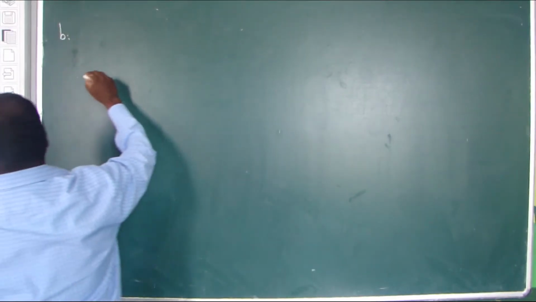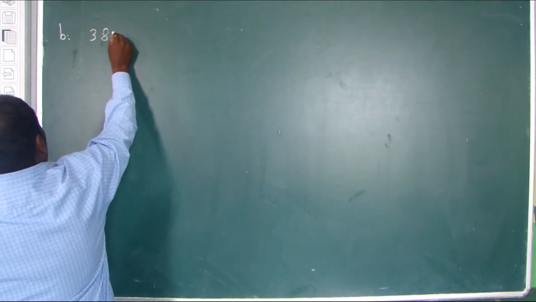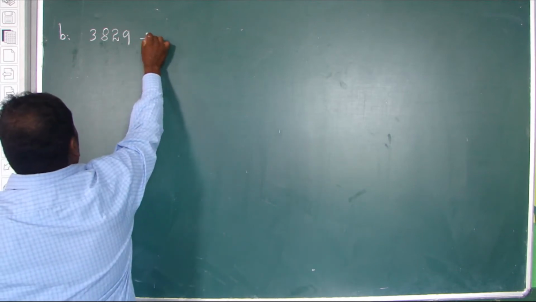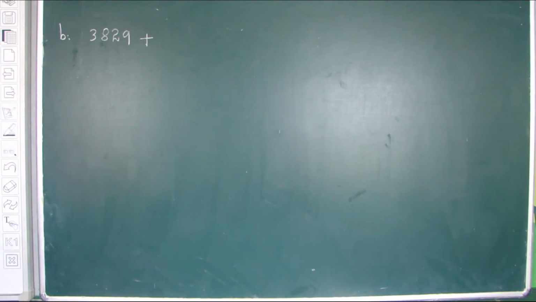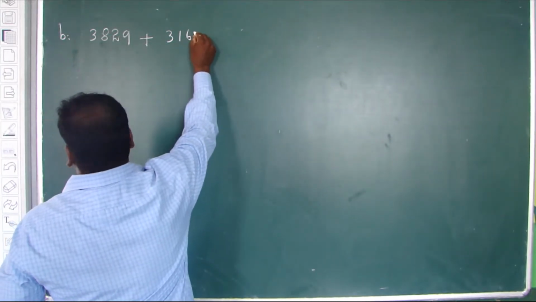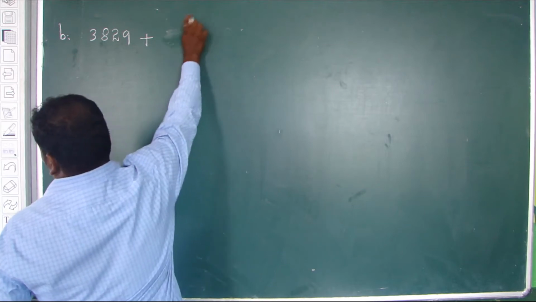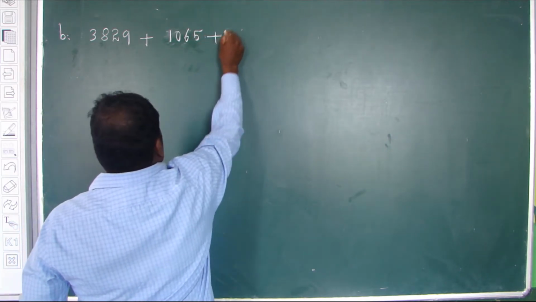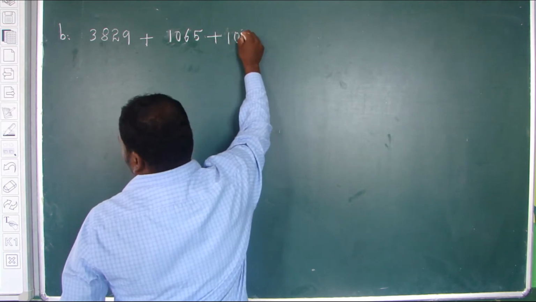Our B part is 3,829 plus 1,065 plus 1,072.